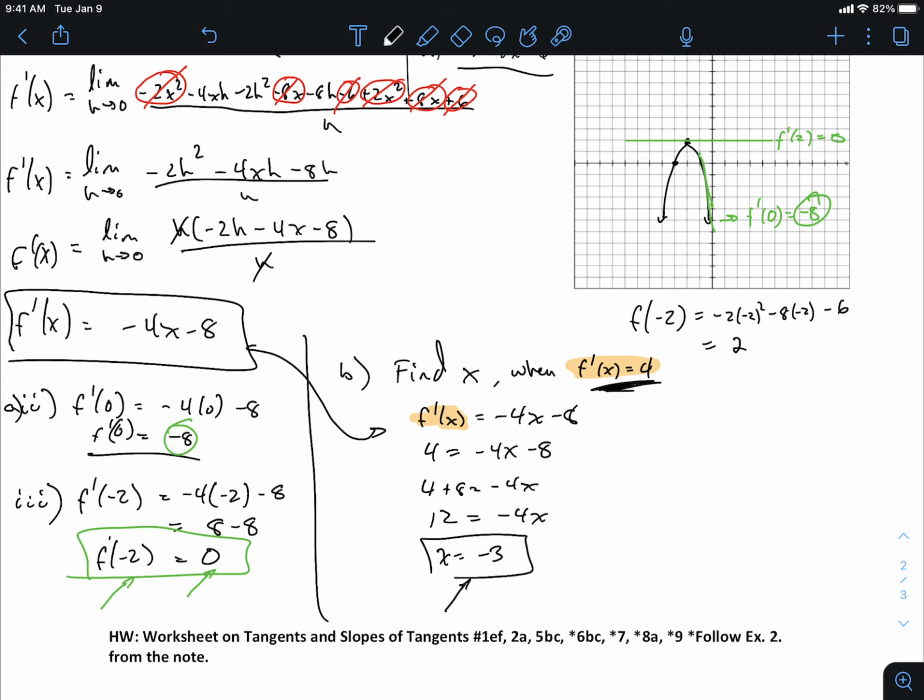Where is this point? Oh, I suppose we're trying to solve for the equation. Sorry, we're not interested in the point. We're interested in the equation of the tangent. Oh, sorry, we are interested in it. We need the point. Sorry, one sec. I'm ahead of myself.